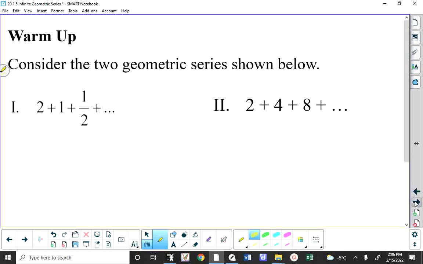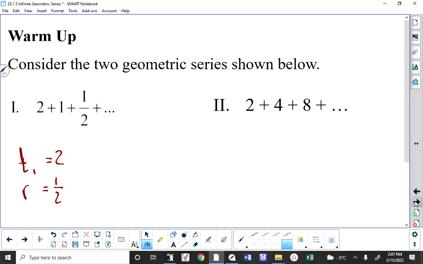In order to start understanding the difference between convergent and divergent, I've got two geometric series that we're going to explore in the warm-up. The first one, series 1, is 2 plus 1 plus a half. We can make a note here, everybody, that in this first series, the first term is 2, and the common ratio is 1/2.